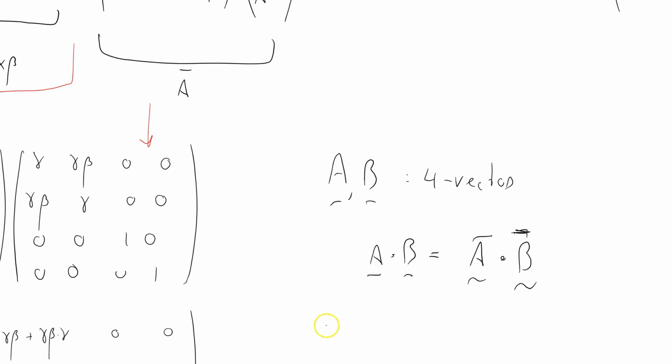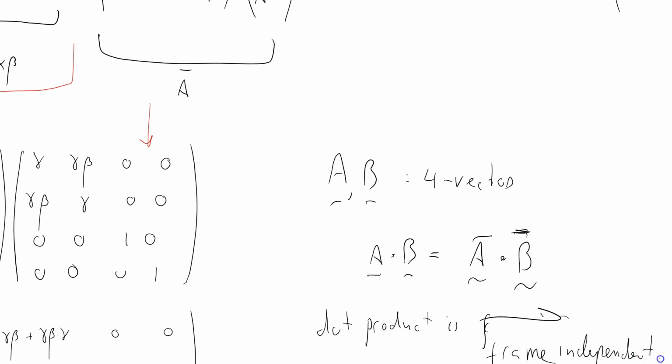There it is. So the dot product is coordinate independent, or frame independent. Beautiful. Stop there. Took longer than I expected.